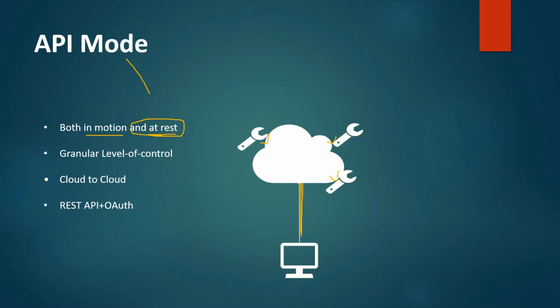So that's what's unique about API mode. And it can provide a granular level of control, which means you can scan the data in your cloud storage, or scan the configuration. That's what we mentioned earlier.